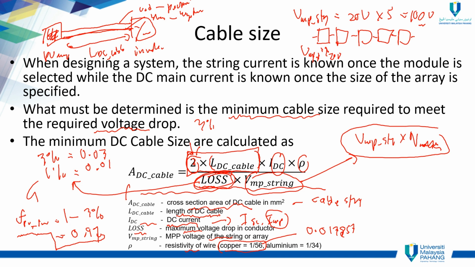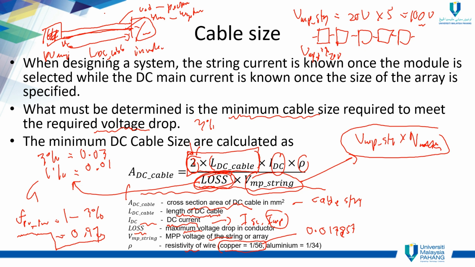That's why 2 multiplied with LDC cable. LDC cable is the distance between the PV array to the inverter. That is the meaning.